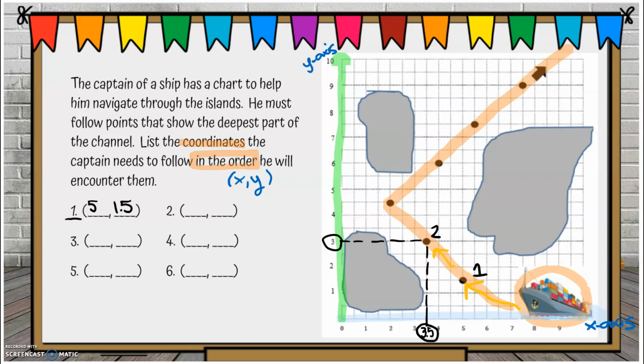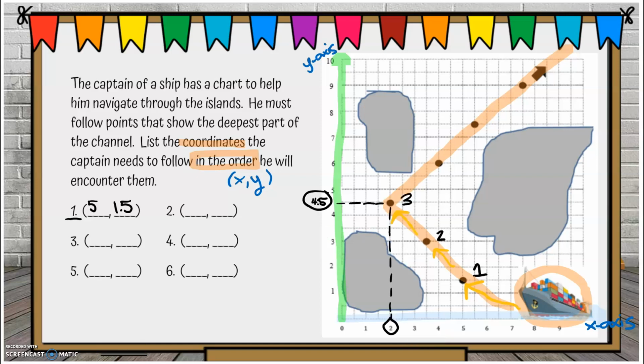So along that blue highlighted line, it's hitting between the 3 and the 4. So that's going to be 3.5. And then along the green line, the y-axis, point 2 is actually stopping right at the 3. So that coordinate pair is going to be 3.5, 3.